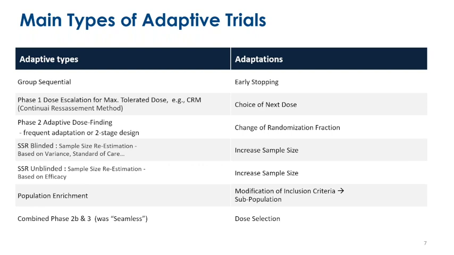There's blinded and unblinded sample size re-estimation to increase the sample size if results indicate that the planned sample size is inadequate. And then there's population enrichment to focus the randomization in a subpopulation. And then there's combined phase 2 and 3 trial, which is a type of dose selection trial, but in a more confirmatory stage where a dose might be stopped during the trial.